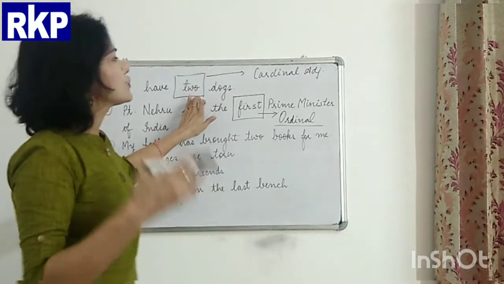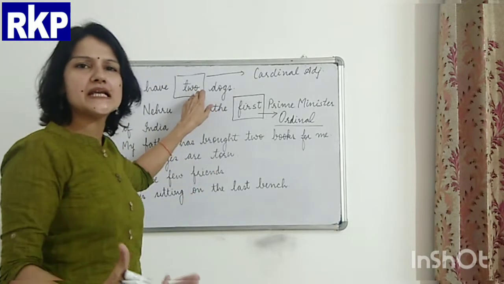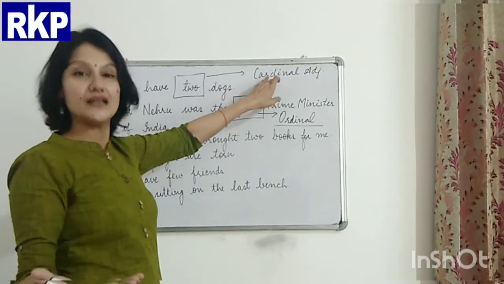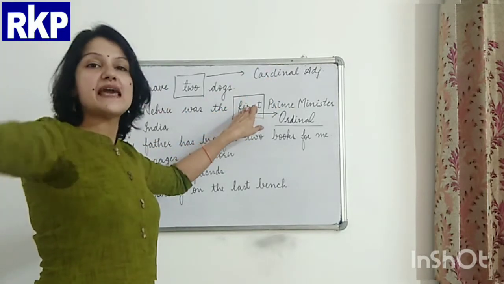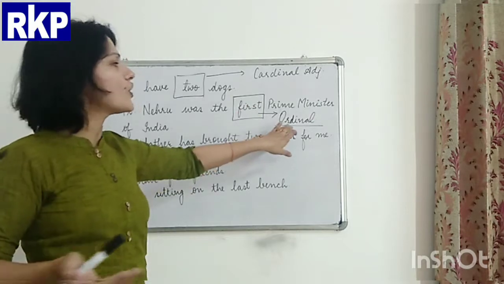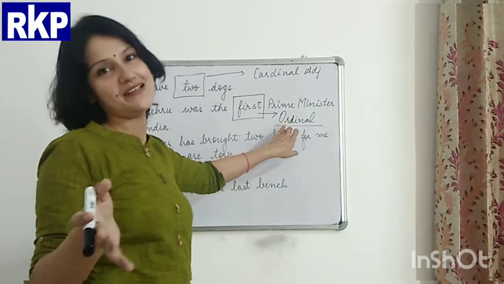So 2, 10, 15 are cardinal adjectives, and first, second, sixth, last are called ordinal.